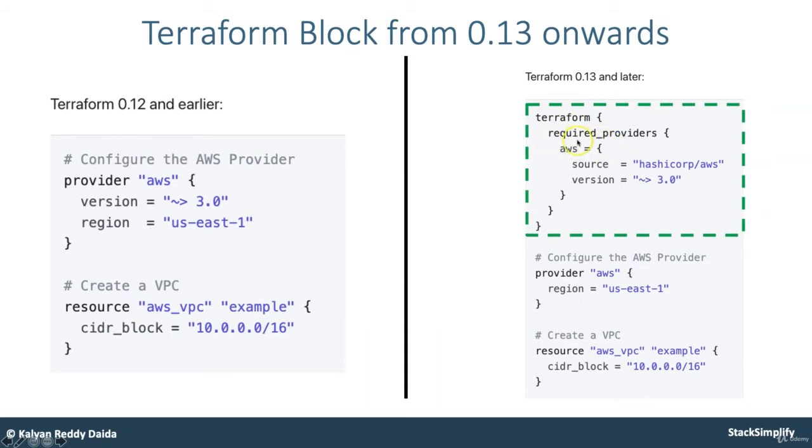Inside that, the required_providers block will be there. Inside that you can define your providers, such as AWS or Azure, or whatever provider you have. You define the provider and its source location from the Terraform registry. It's a mandatory block to be used as the first thing when we are learning Terraform.